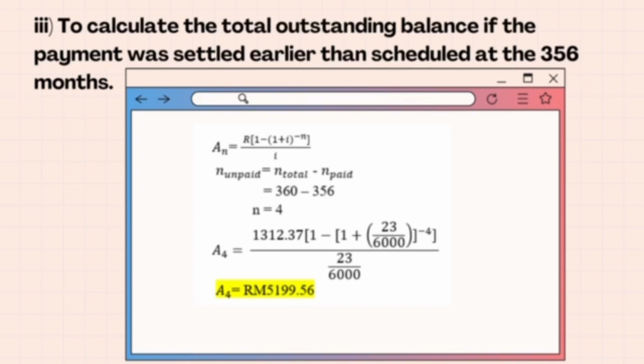Using the formula A equals R times (1 minus (1 plus i) to the power of negative n) divided by i, we put all of the info in the formula and we get RM5,199.56.